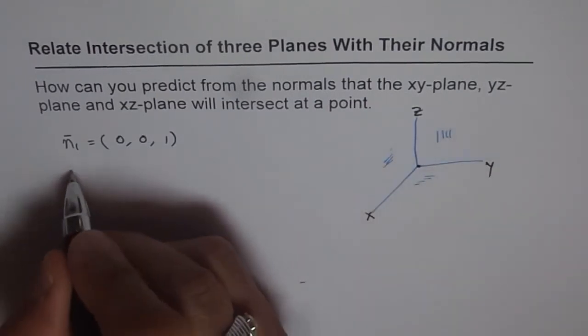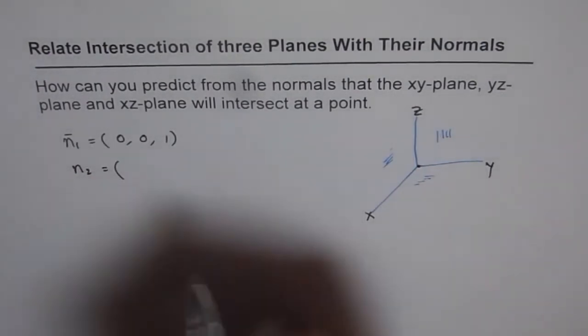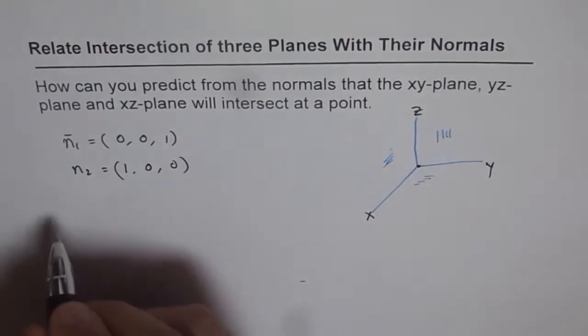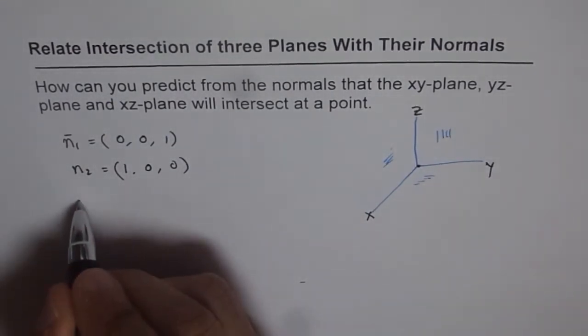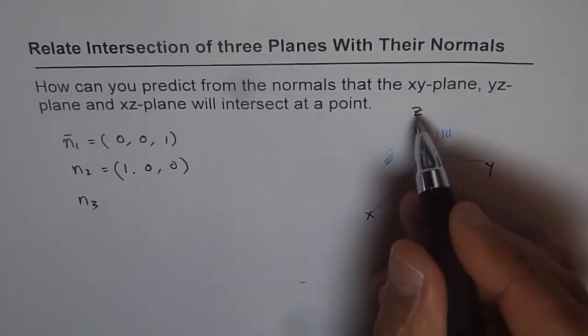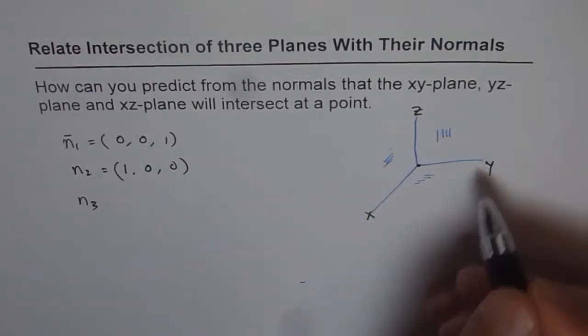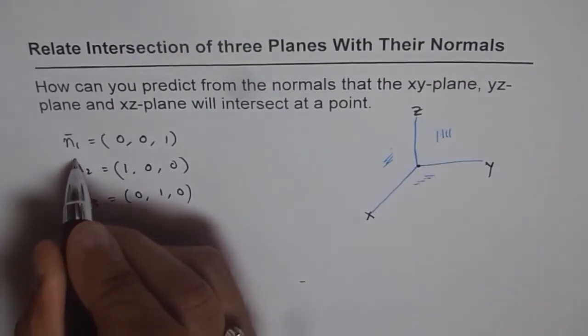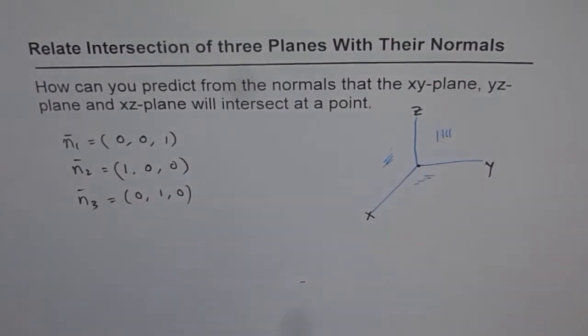So let me call that n2. So n2 is coming along the x-axis, so it's 1, 0, 0, correct? And normal n3 for the xz plane is along the y-axis, correct? So that will be 0, 1, 0. So these are the three normals for these three planes.